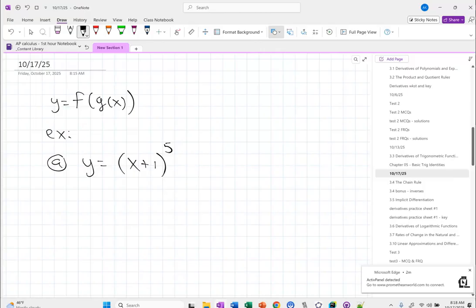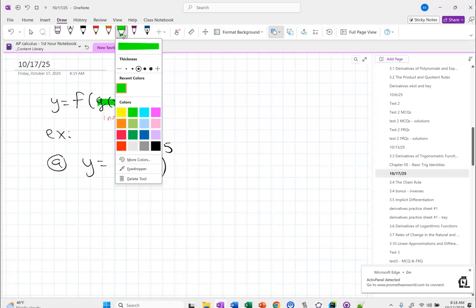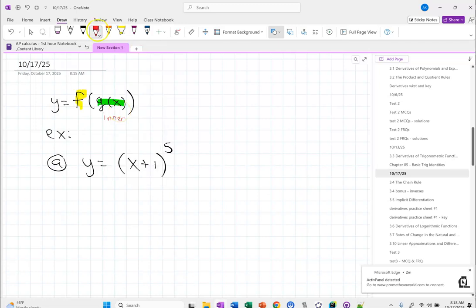What is the outer function? Excellent. You guys see that?